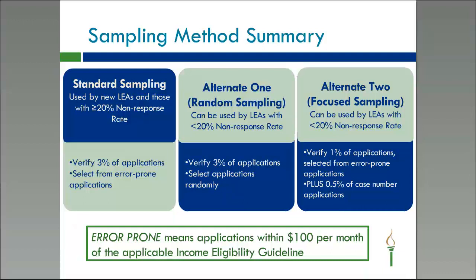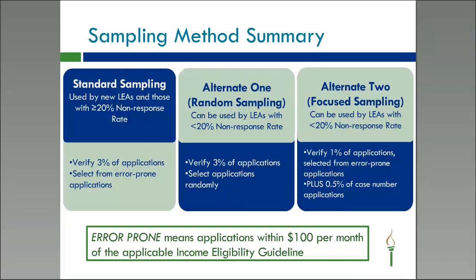A list of LEAs required to use the standard sampling method is published by DESE and it's put on our website each year. For the standard sample size, you're required to verify 3% of your applications, and those applications must be selected from error-prone applications.